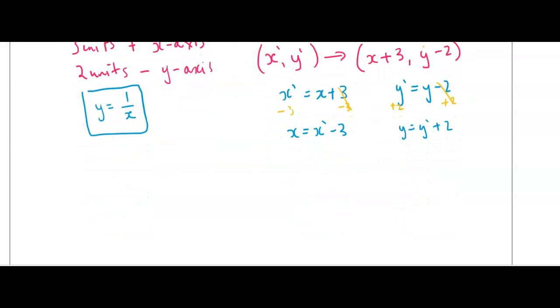All right, so let's substitute it into our function now. Instead of this y, I'm going to write y dash plus 2. And instead of this x, I'm going to write in x dash minus 3. So it's going to be 1 over x dash minus 3.